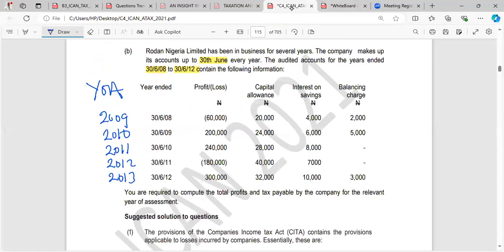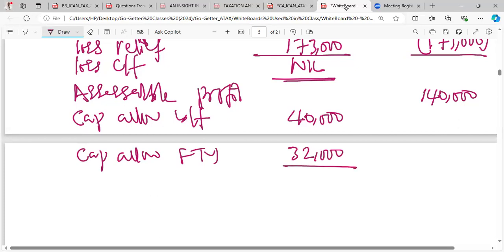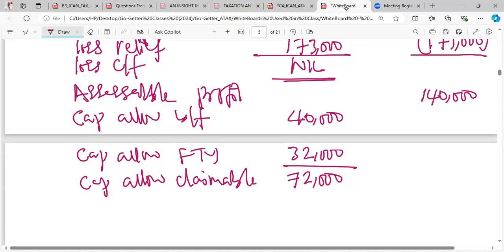Capital allowance for the year is 32,000. When I add them together, it gives me 72,000. So this is capital allowance claimable, what you can claim.